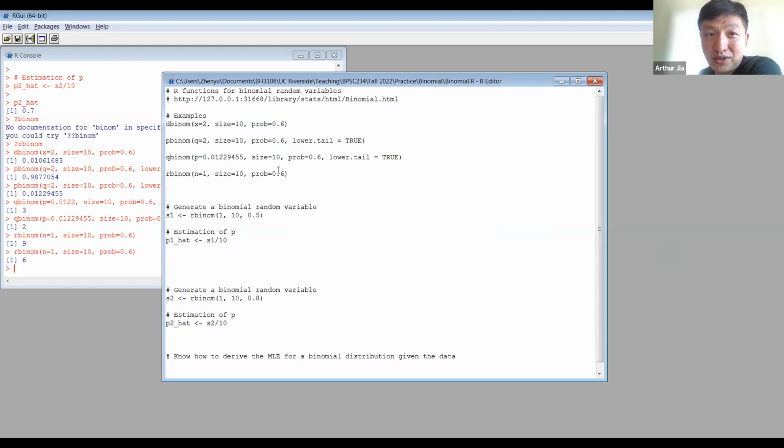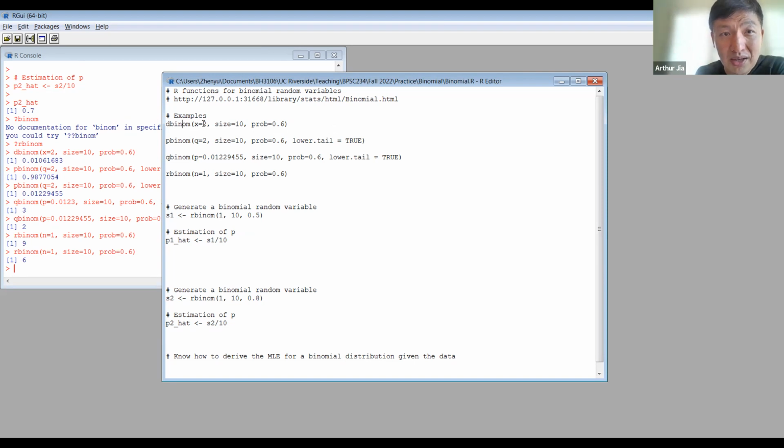So those 4 functions are for the binomial distribution. The first one is called dbinom, which helps us calculate the probability of any binomial random variable. So in this function, I'm going to show you what these 3 parameters mean.